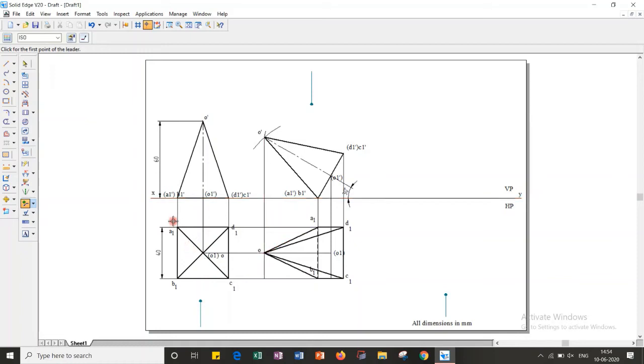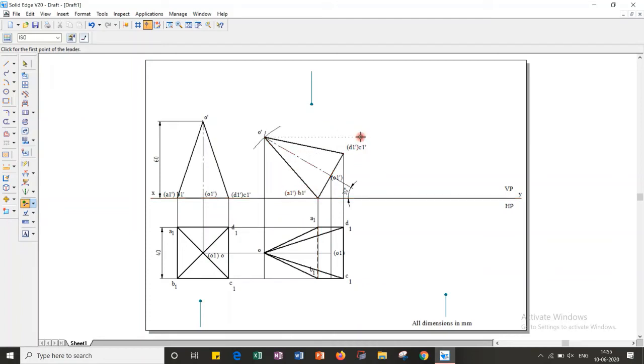First method, here this square pyramid is resting on A1 B1. Or the second, easiest method is to consider the second diagram. In the second diagram, identify the edge which is touching the XY line. Here A1 B1 is touching the XY line. Therefore, this square pyramid is resting on A1 B1.